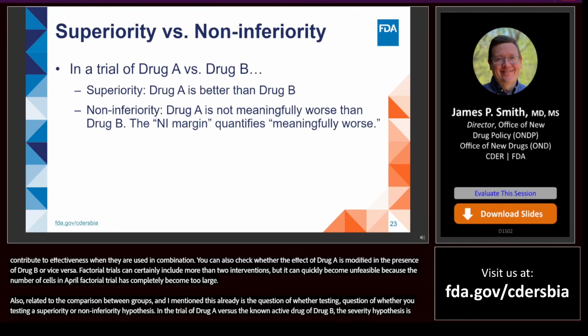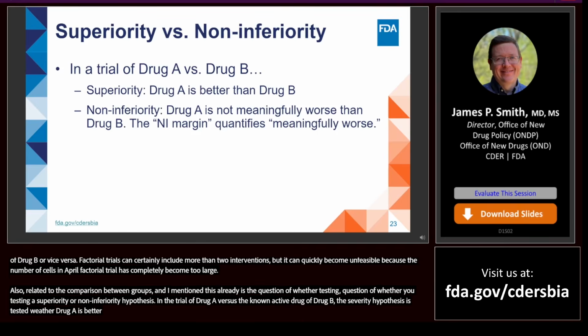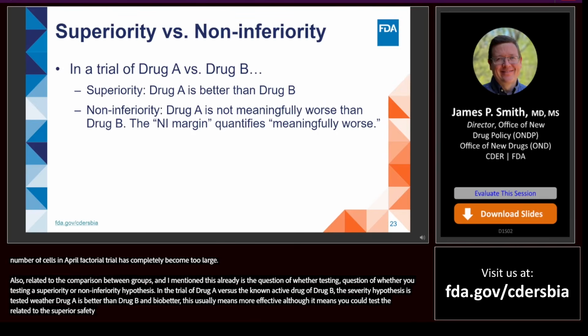In contrast, the non-inferiority hypothesis would be testing whether drug A is not meaningfully worse than drug B. And the non-inferiority margin, or NI margin, quantifies what is meant by meaningfully worse.